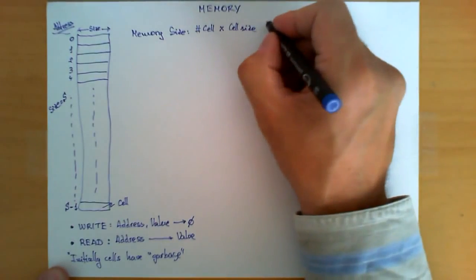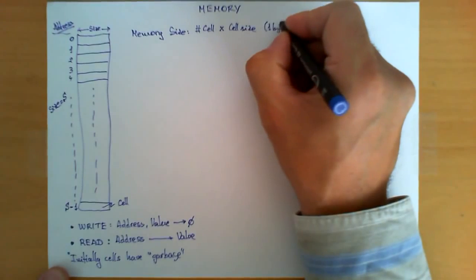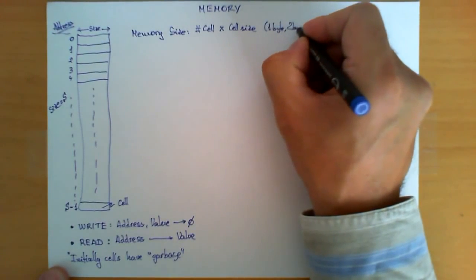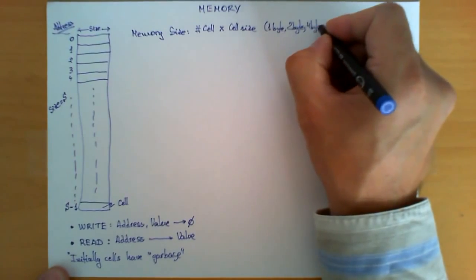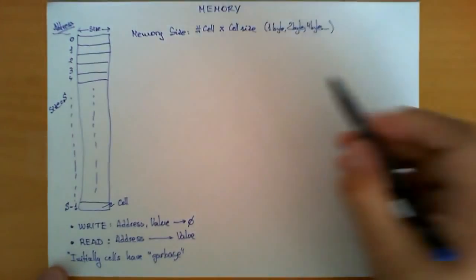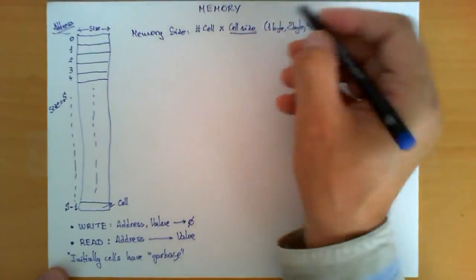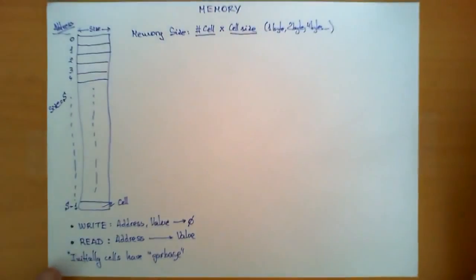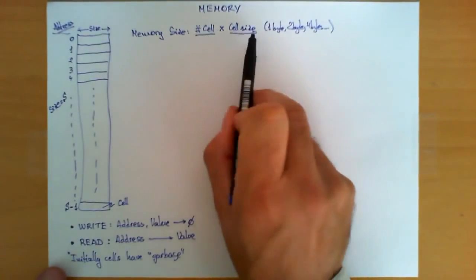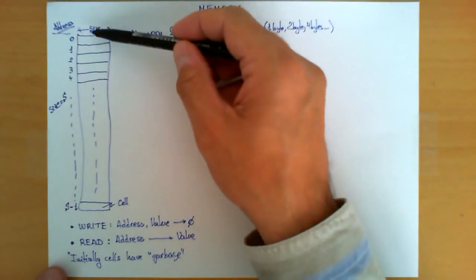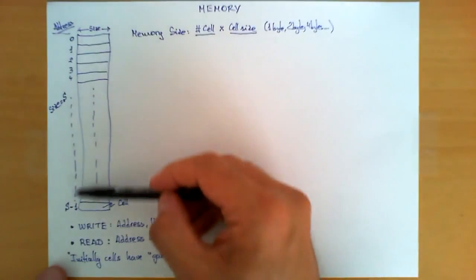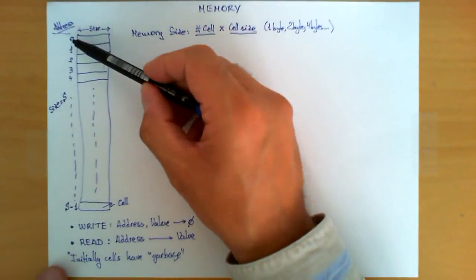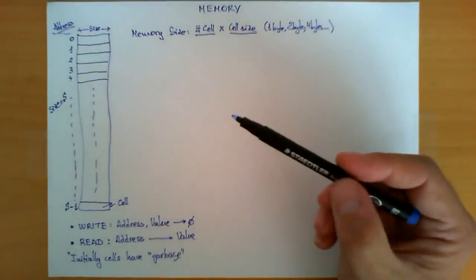As we said before, the cell size is typically either 1 byte, perhaps 2 bytes, or sometimes even 4 bytes. Once you know the cell size and the number of cells, the size of a memory is just the product: the size of these cells times the S cells that we have here, because our address goes from 0 to S minus 1.